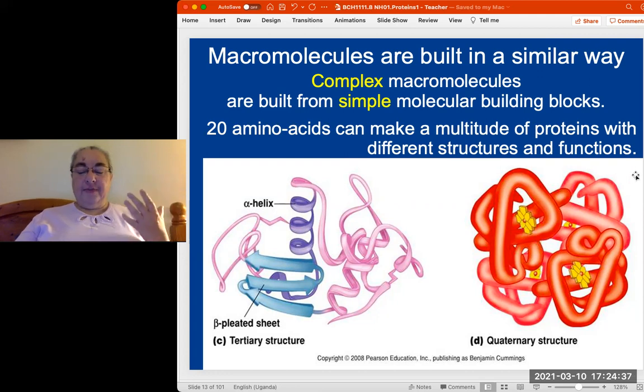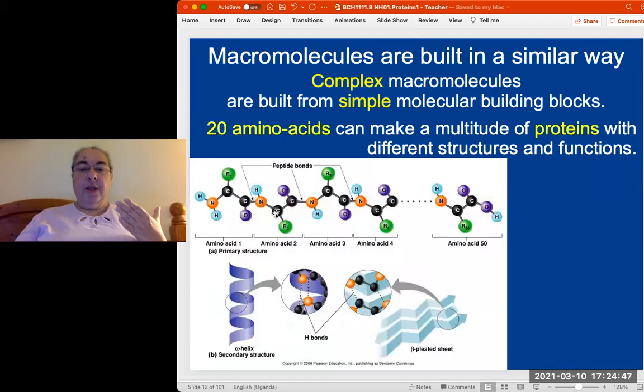And that is the basis of building macromolecules. So each of the amino acids is a molecule, okay? Put lots of amino acids together and we make a complex macromolecule.